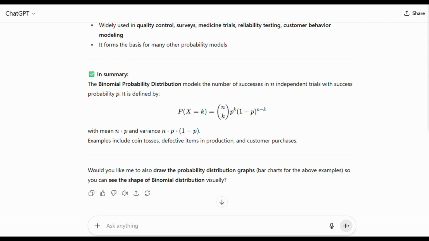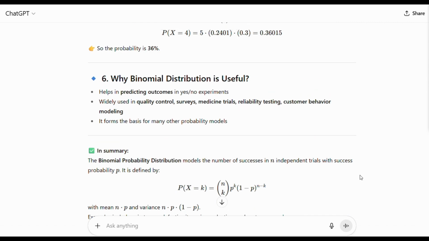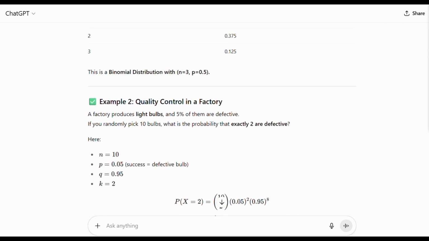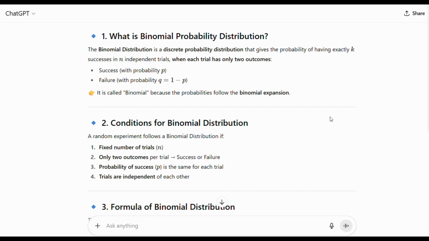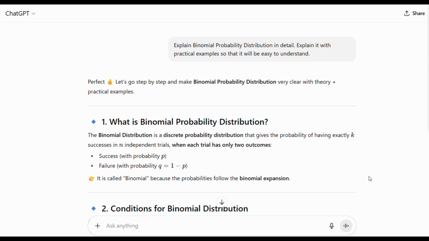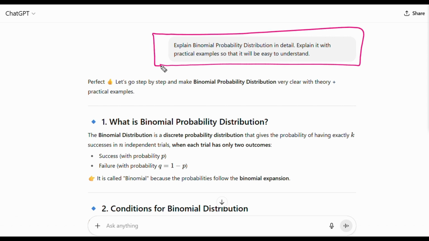Also you can use ChatGPT. All these things I am doing, I am doing only with the help of ChatGPT. After that, you can just add another prompt: please give us some more examples.